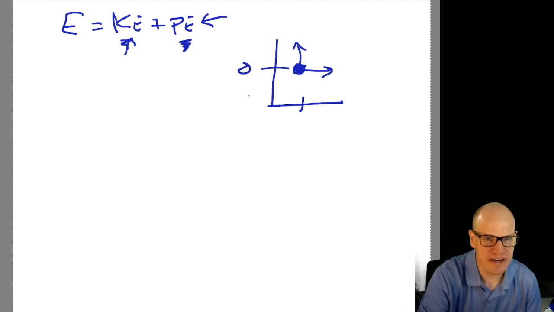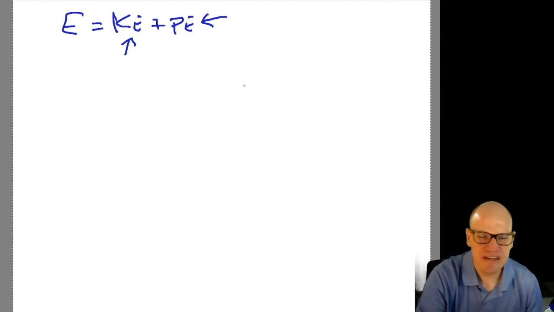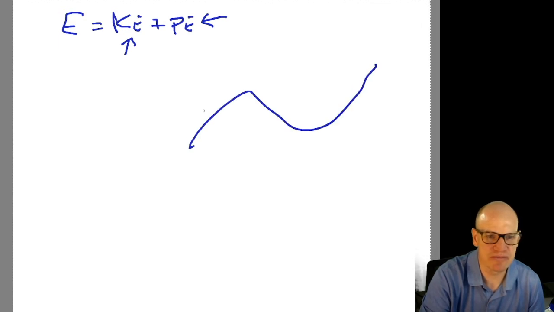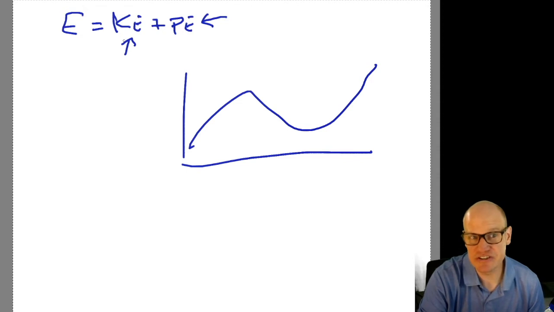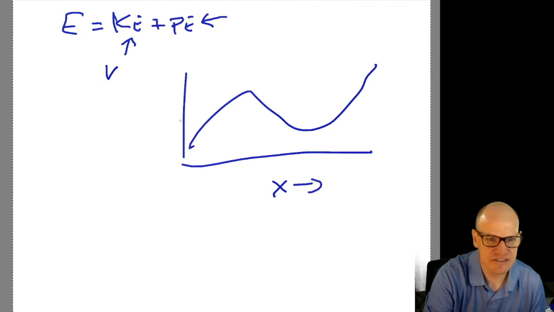So let me go back and erase this and say, all right, now I've chosen a coordinate system and I have potential energy that might have some shape. This is the traditional shape that I'm using. And I have kinetic energy. The kinetic energy is an energy that's related to the velocity. And so in velocity space, this is position space here, and this is the potential V in position space.